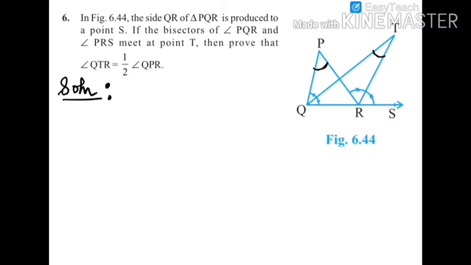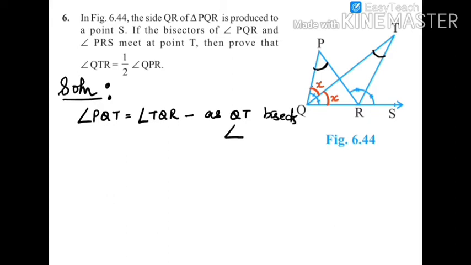Let's mark these two angles as X. Angle PQT is equal to angle TQR, as QT bisects angle PQR. So we have marked these angles as X.